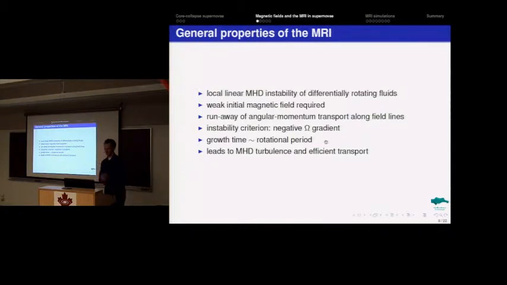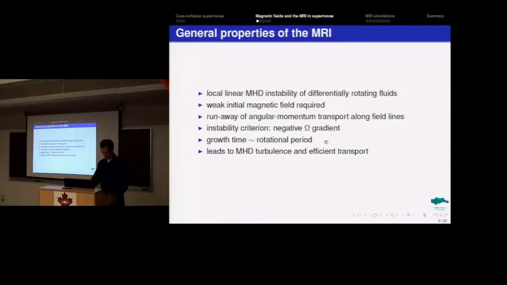Thus, I focus here a bit more on the MRI. It is a local linear hydromagnetic instability of differentially rotating fluids with a weak initial magnetic field. The mechanism behind the MRI is basically the runaway of angular momentum transport along magnetic field lines, and the instability criterion is a negative gradient of the angular velocity.